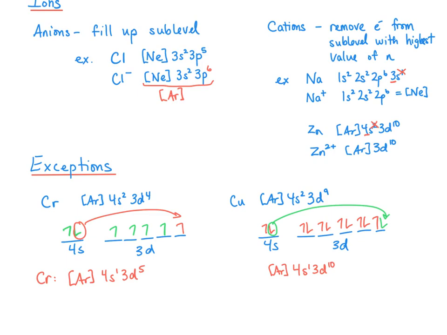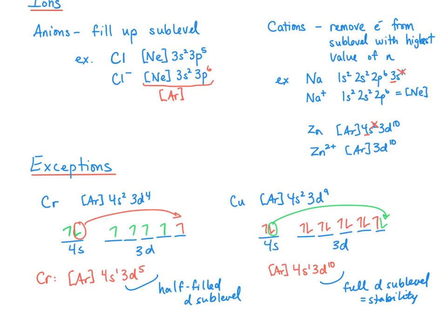So here the theory evolves to say that this full D sublevel is lending stability, and that's why we're seeing that configuration experimentally. Here we had a half-filled D sublevel. I'm not expecting you to go through the table and know all of these exceptions, but I just wanted you to be aware of these exceptions at an introductory level, so that as you explore in later courses or readings, you'll have some idea of what's going on there.